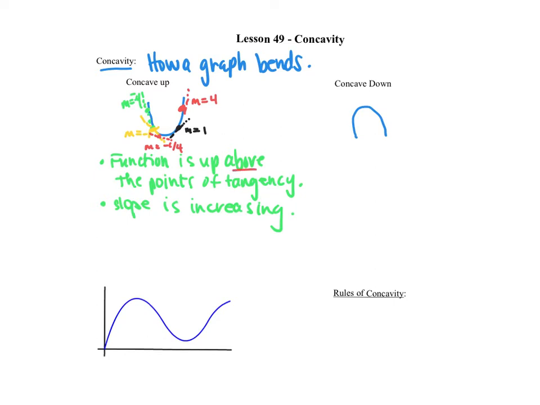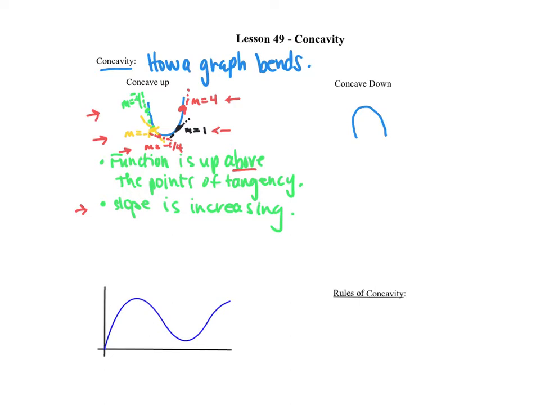When I put in that line of tangency, that line of tangency is below my function. What you should also notice is that the slope is increasing. We go from -4 to -1. It's increasing. To -1/4, increasing. To 1 to 4. It's increasing the whole time. So that is if you have something that is concave up.